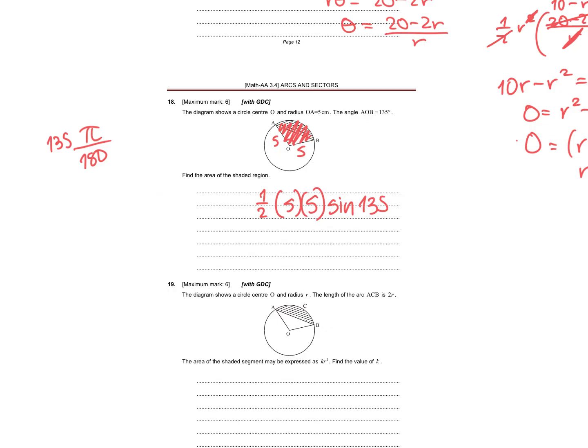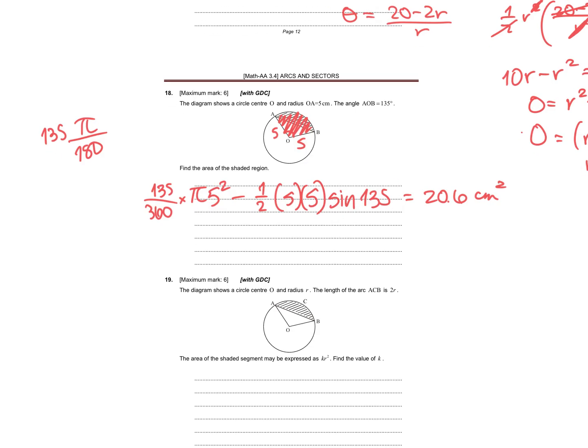So we can do 135 out of 360. We just want that portion of the circle area, which is pi r squared, which is 5 squared. So that's another option. So you should get 20.6 centimeters squared.